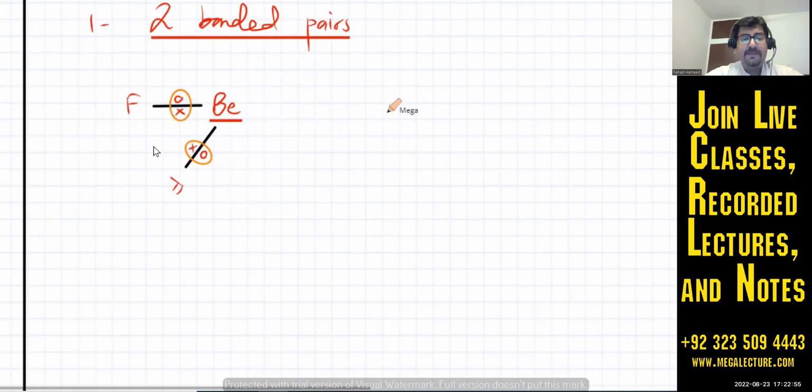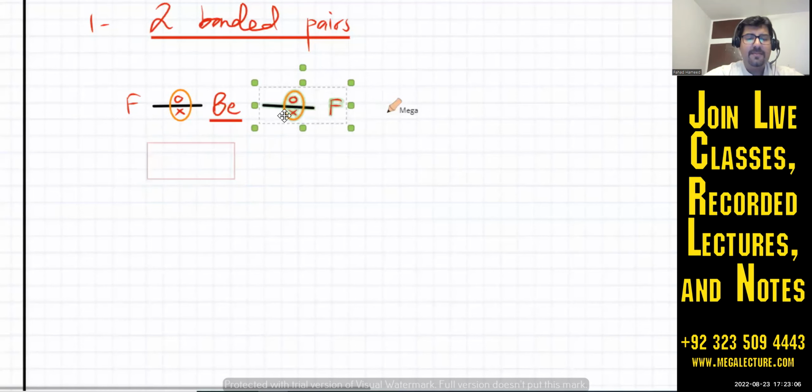So the shape of the molecule is going to be such that if one pair of bond is on one side, the other one is on the complete 180-degree opposite end. Is that clear? The idea clear?